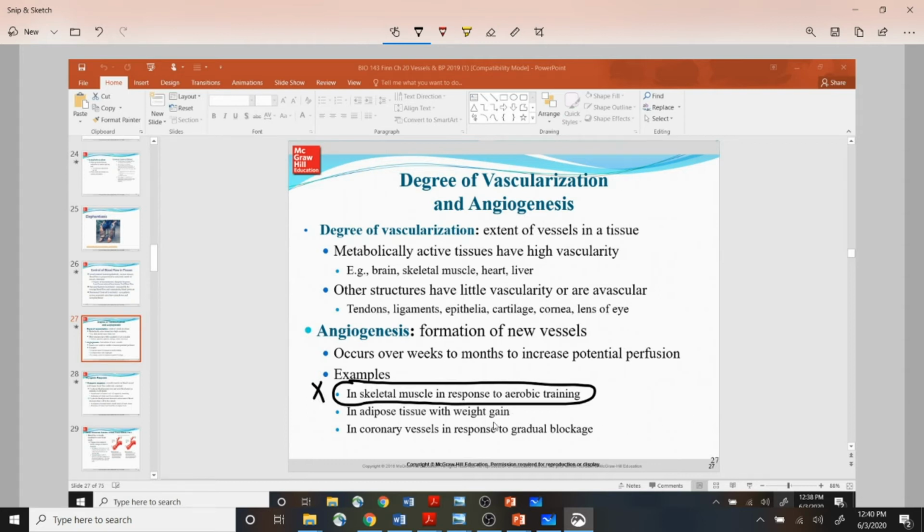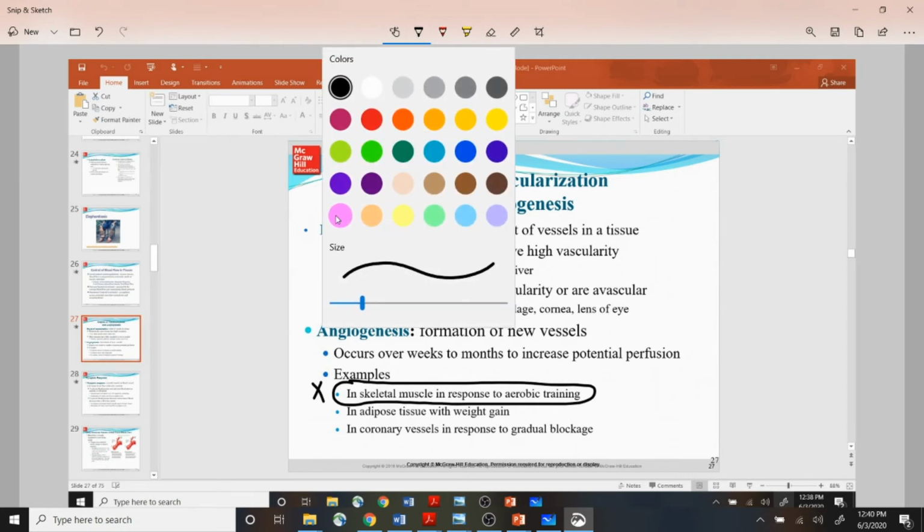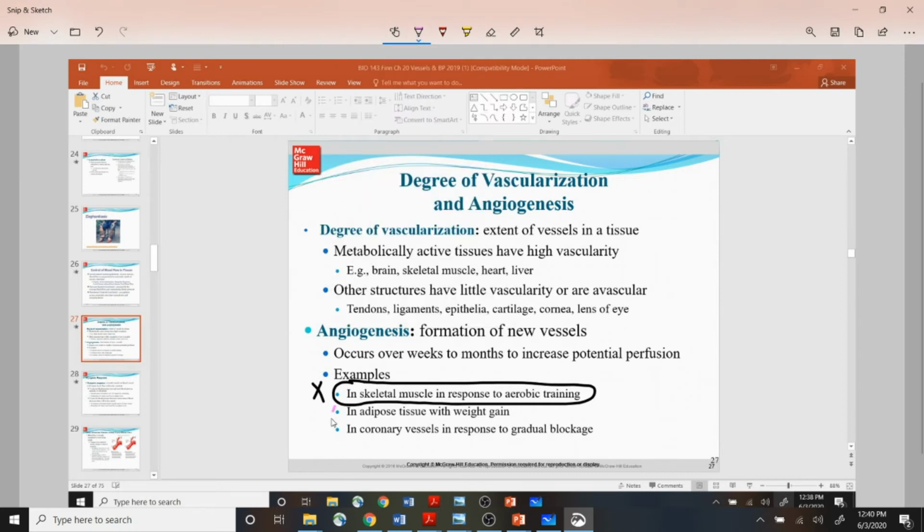We don't want these to happen. So in purple, we're going to gain weight.